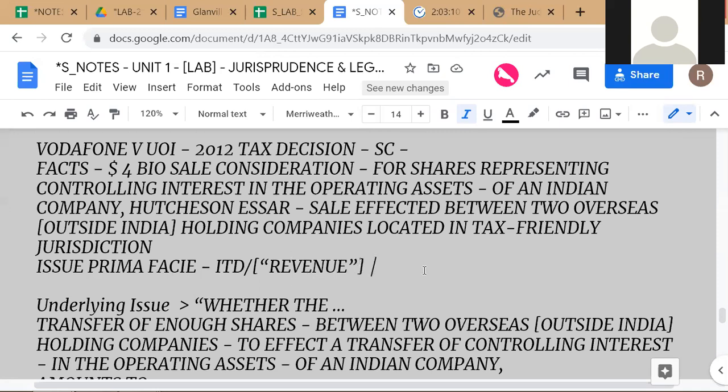Income tax department. Income tax department basically, so the issue prima facie and the underlying issue will both be stated as whether it is their claim. Okay, there should be an apostrophe as tax department's claim.